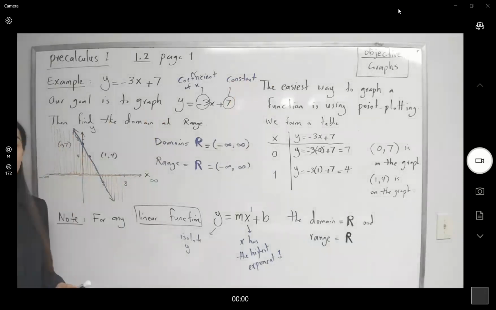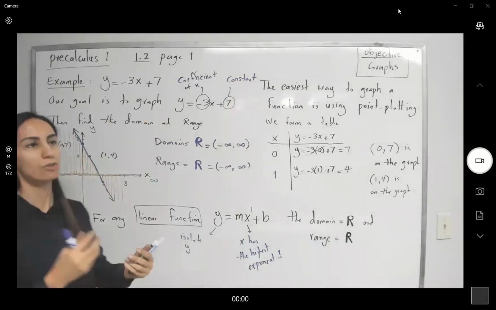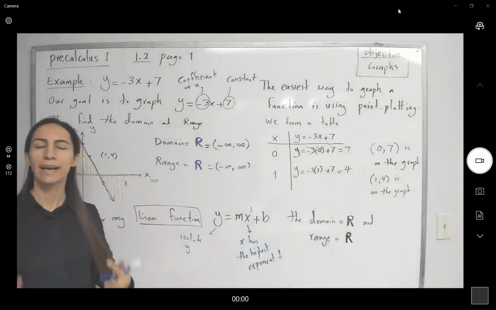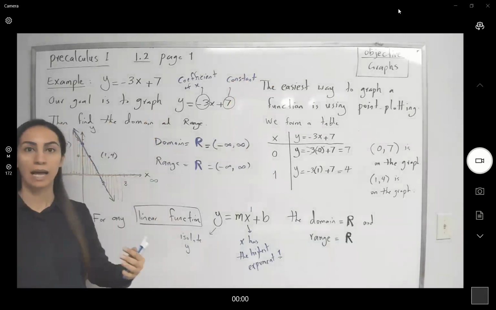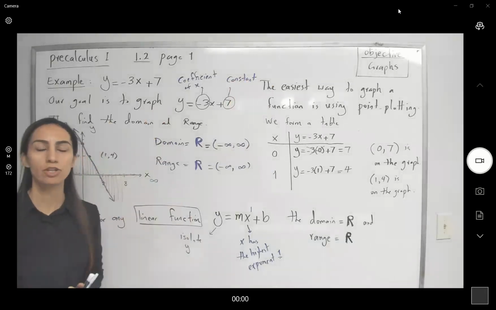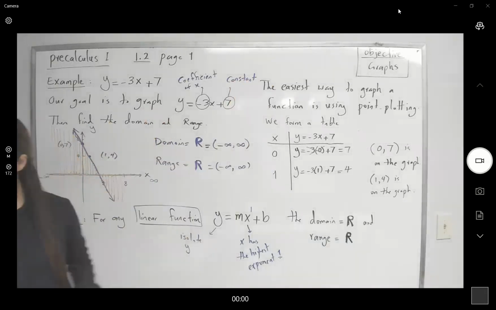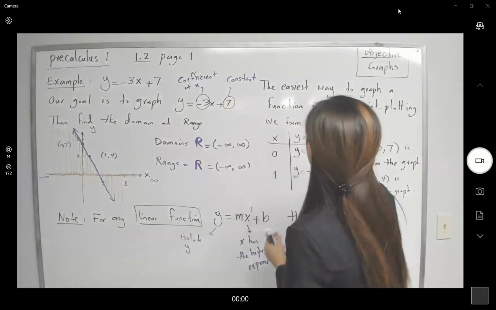Well, for the domain, first of all, how do we define the domain? The domain is the collection of x values that, if you plug into the function, the function is defined for those x values. So let me erase this part of the board and rewrite it for you.